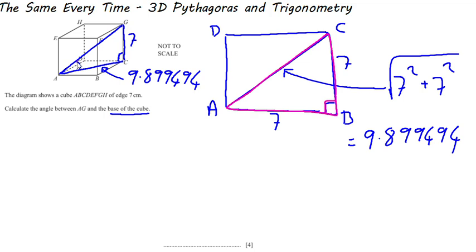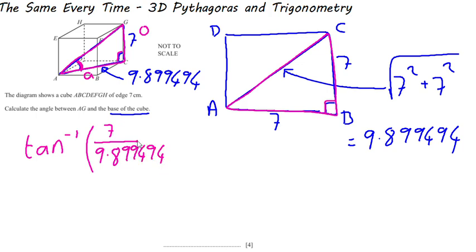So I want to find this angle just here, and if I have my right-angled triangle, there's my right angle, here's my right-angled triangle. This side would be the opposite, that side would be the adjacent. So O and A, we're dealing with tan, so inverse tan to find an angle, O divided by A, 7 divided by 9.899494.